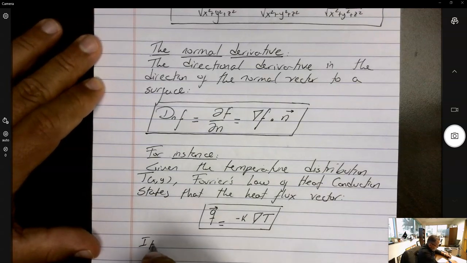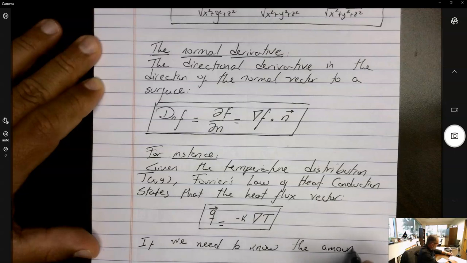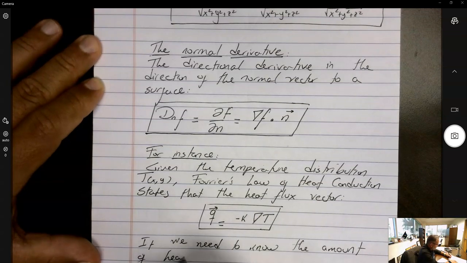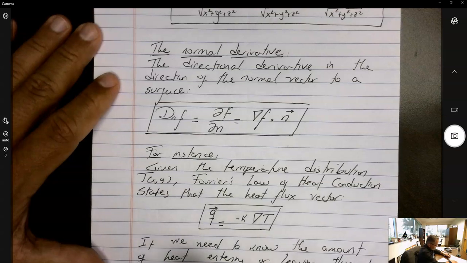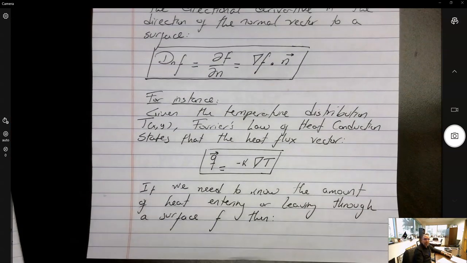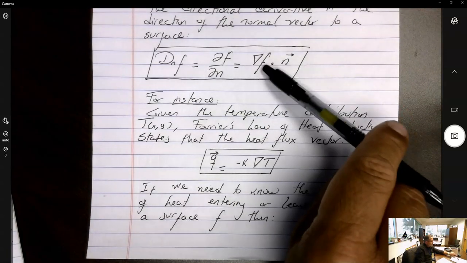Now, if we need to know the amount of heat entering or leaving through a surface F, then, and notice that I'm interchanging the nomenclature here, because here we're calculating the normal derivative of f.